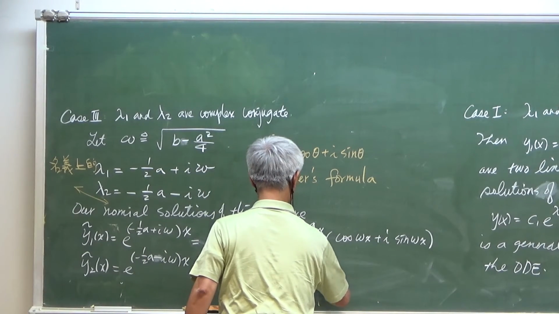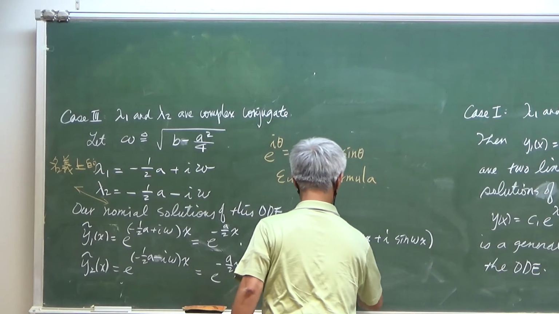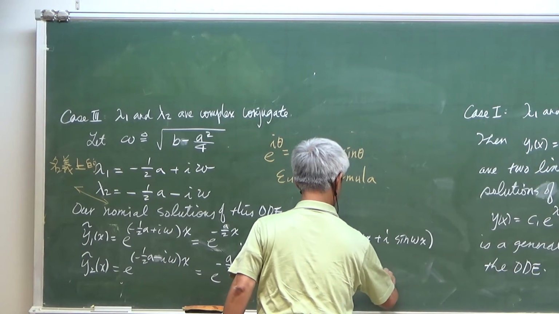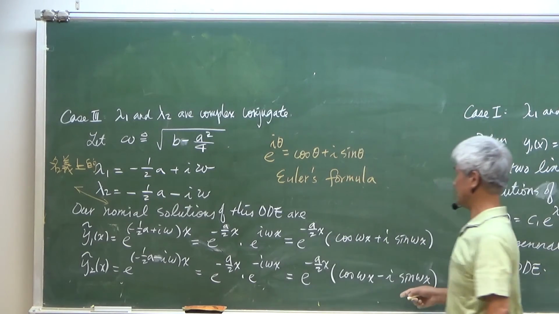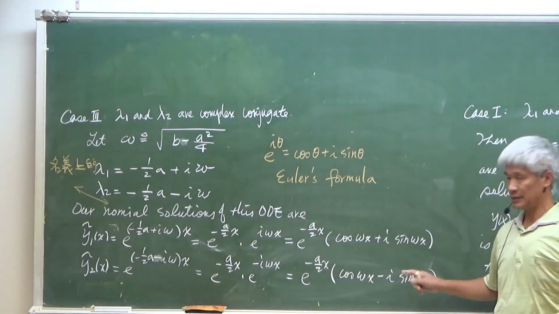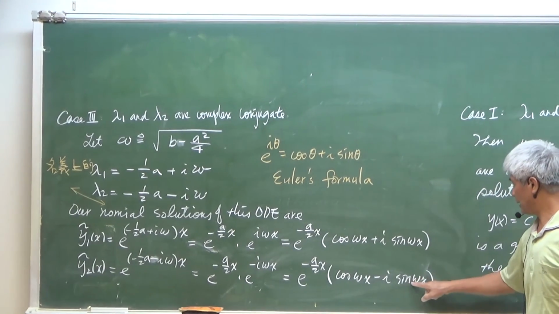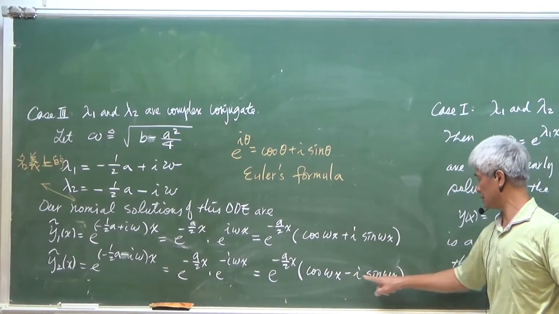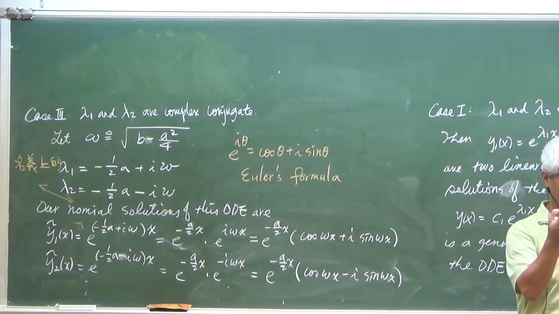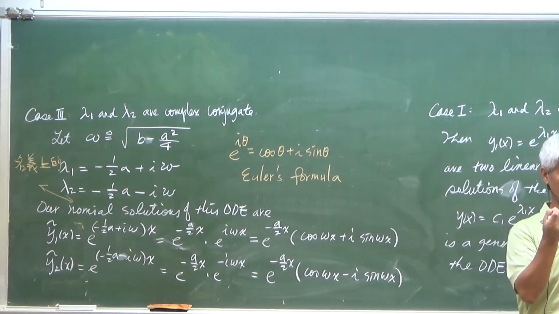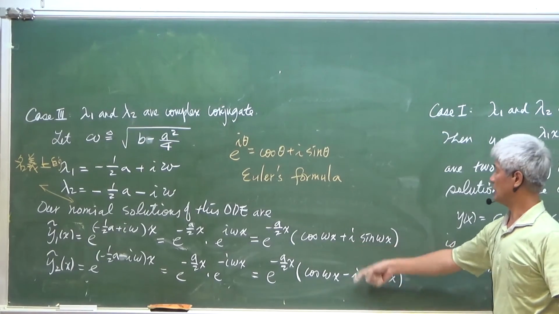So this is cosine omega x minus i sine omega x. The reason is that sine is an odd function, so sine of minus omega x is equal to minus sine omega x. You know odd function, even function, right? Okay, good.